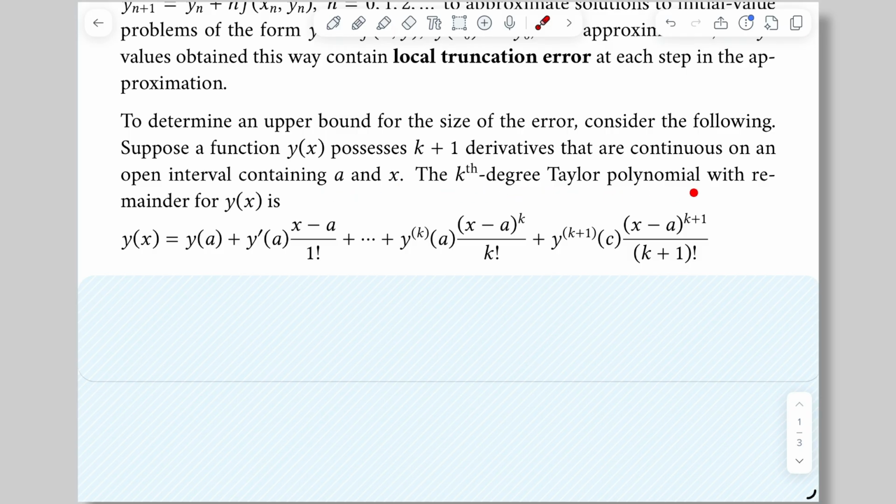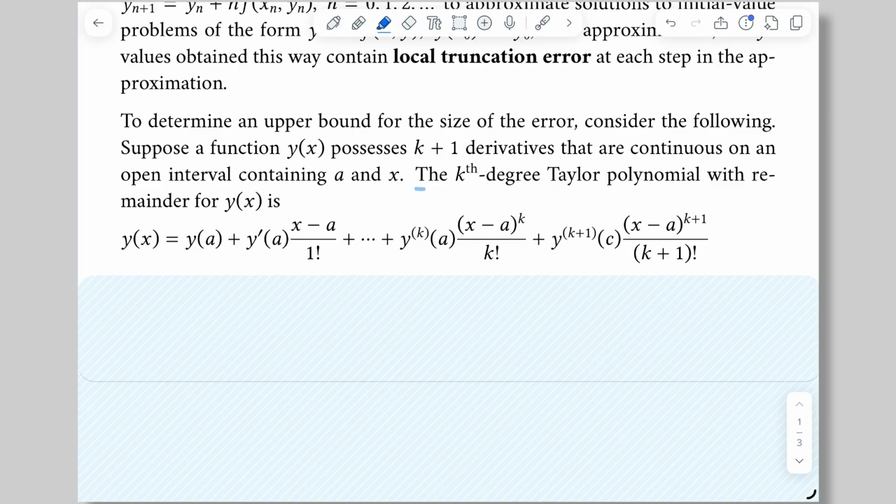The kth degree Taylor polynomial with remainder is y of x equals y of a plus y prime of a times x minus a, all the way to the kth derivative at a, x minus a to the k divided by k factorial, plus the k plus first derivative of y evaluated at some number c times x minus a to the k plus 1 divided by k plus 1 factorial.